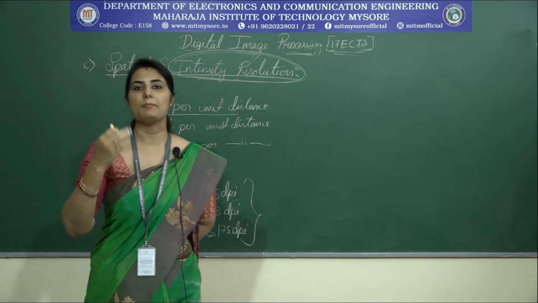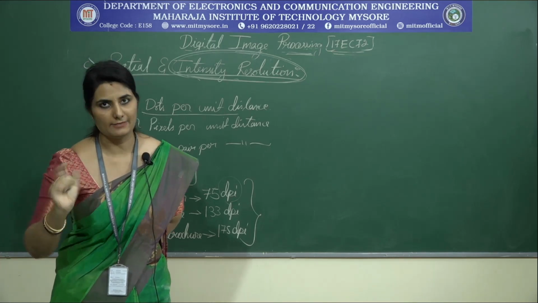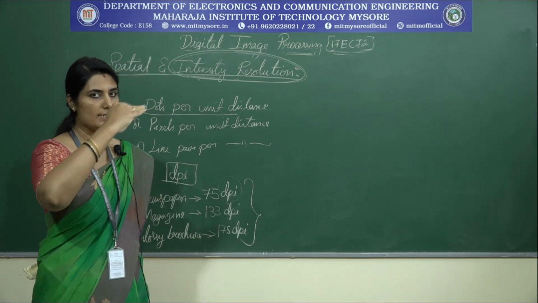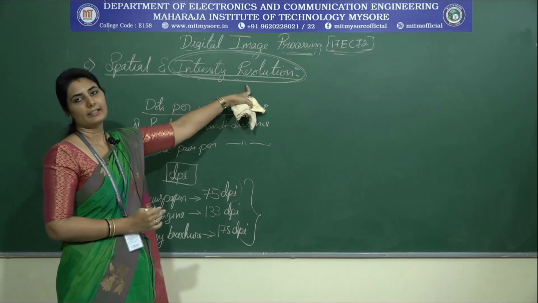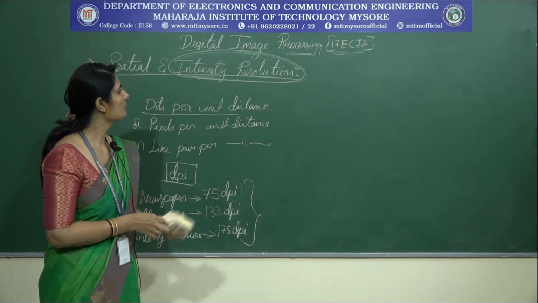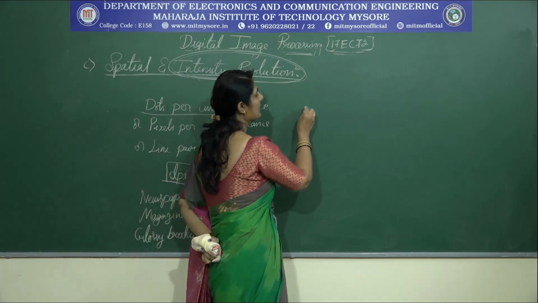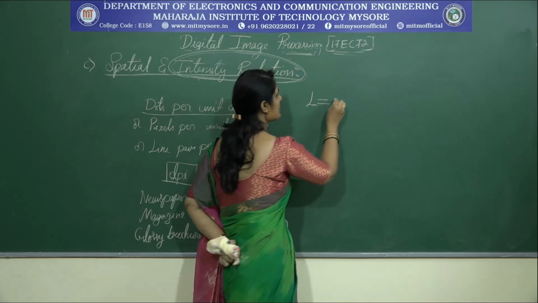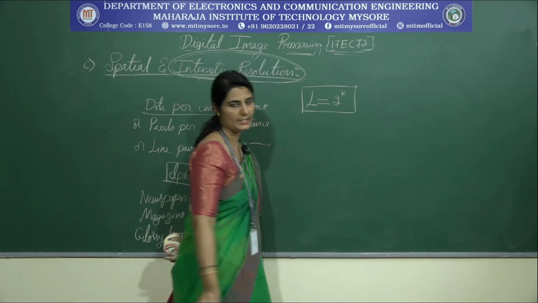Next is intensity resolution. Intensity resolution is a measure of the smallest discernible change in intensity levels. There are different intensity levels, and the smallest discernible change in intensity level is nothing but intensity resolution. As I told earlier, the number of intensity levels is an integer power of 2, where k is an integer.